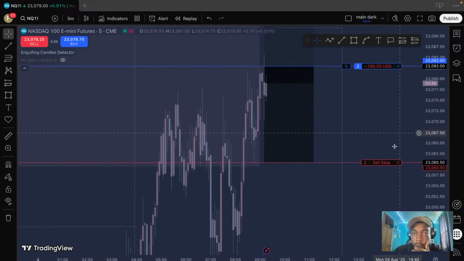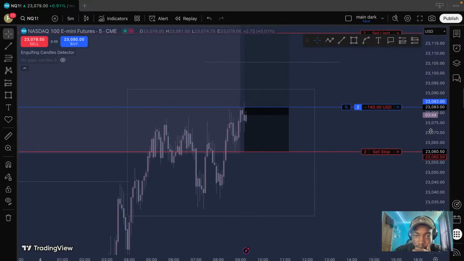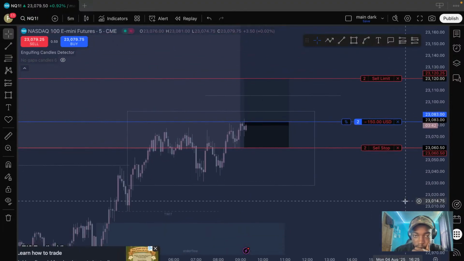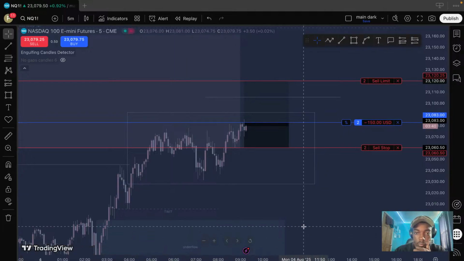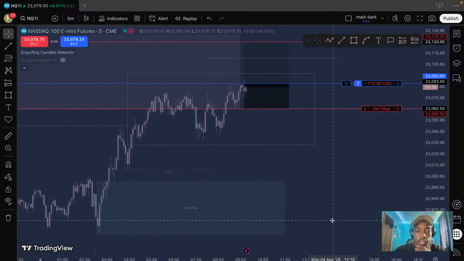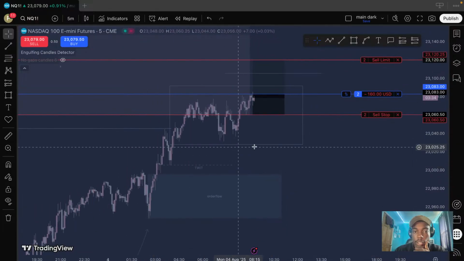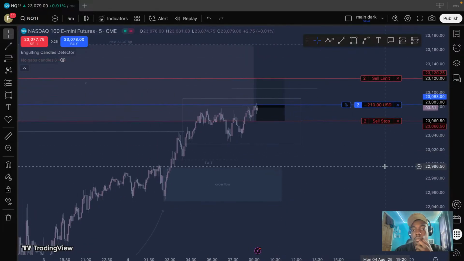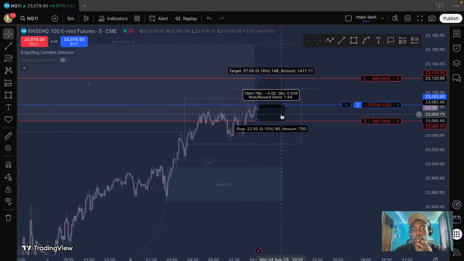Create equal lows. Okay. We know we still got our zone down here that it could come to upon market open, kind of smashing out all these lows. But if this loses, then I'm done for the day.